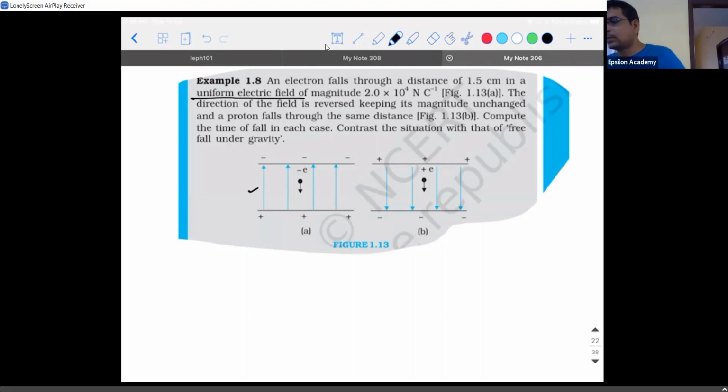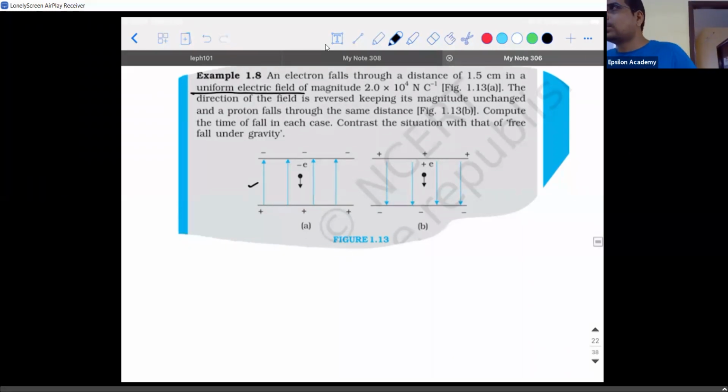Both ways mean the same. Similar is the case with the proton also. The second case is the proton, which is also moving under the same situation. Now our work is to calculate the time it takes to travel a distance of 1.5 centimeter. For that I am using the formula S is equal to ut plus half at square.